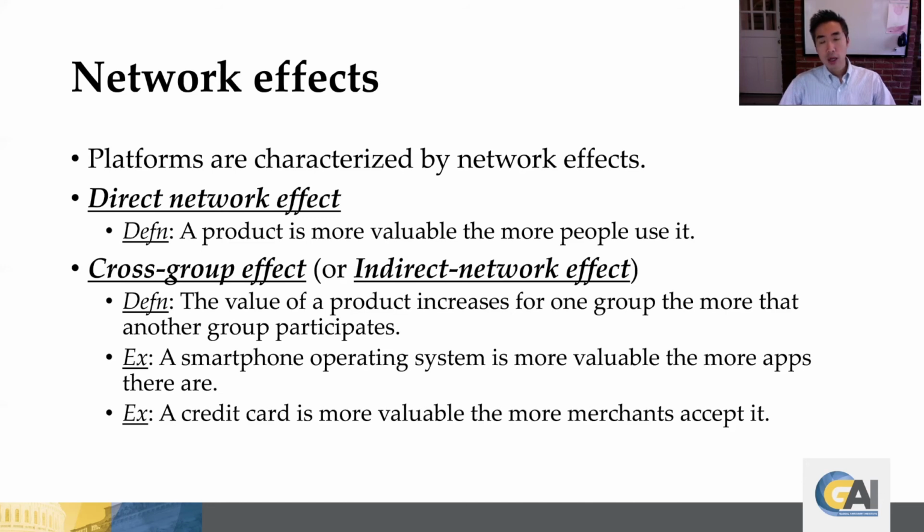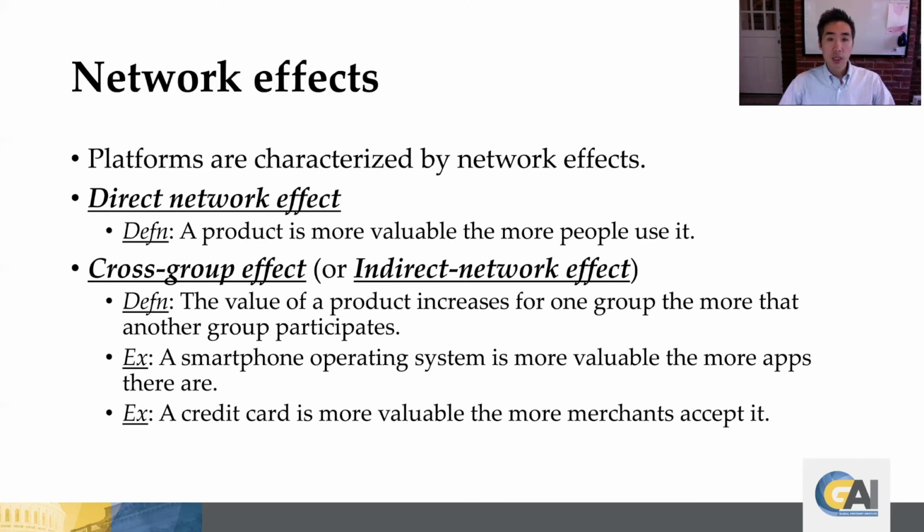If you as an Uber passenger join, what you're interested in is how many Uber drivers there are. So a smartphone operating system, for example, is more valuable the more apps there are. A credit card is more valuable the more merchants accept it. And this goes back to that brief table that I showed you with ride sharing, and that there's that crossing of those cross group effects, if you will, where you care about the other side and their participation level.